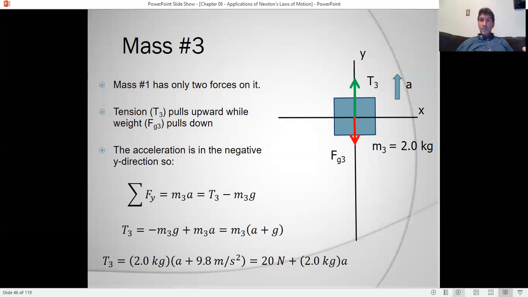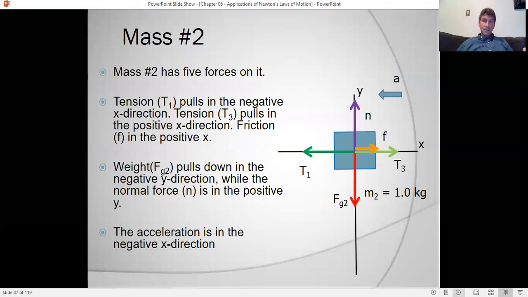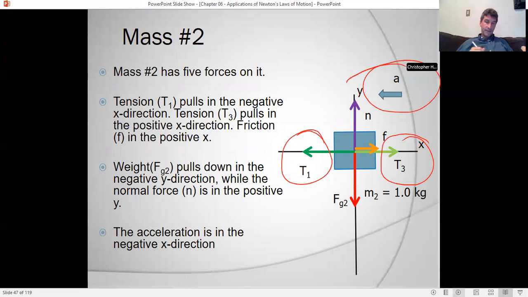And now you just need to do the middle block. And the middle block's a little tougher because you have T1 pulling it to the left, T3 pulling it to the right. It's moving to the left, negative acceleration in the negative x direction. So the friction will be pulling in the opposite direction that it's moving.